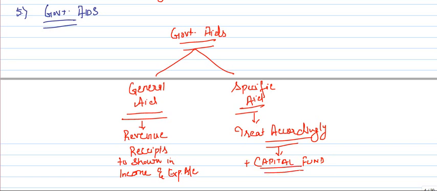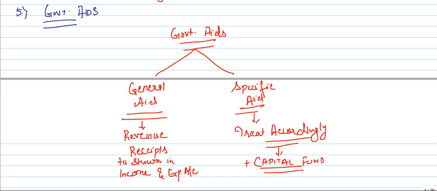Clear? So government aid, if it is for the general purpose and no specific purpose is given, then you have to treat it as a revenue receipt and show it in the income and expenditure account.